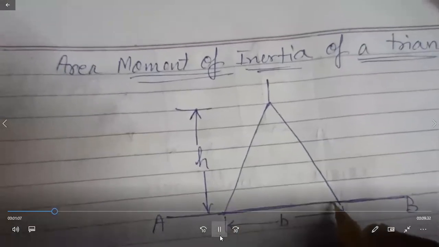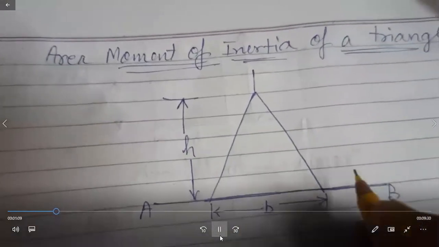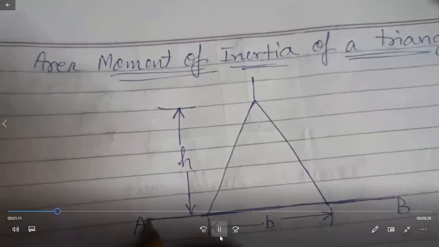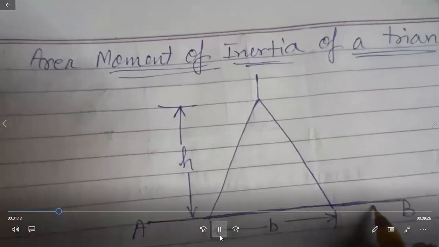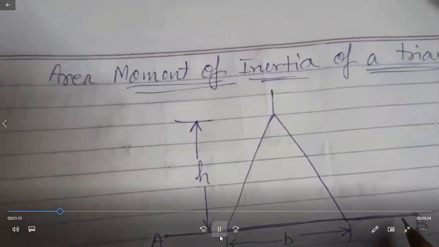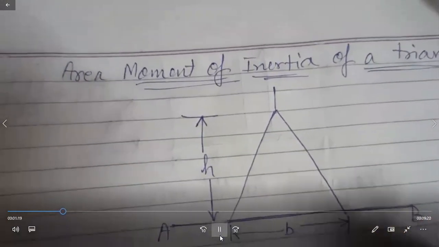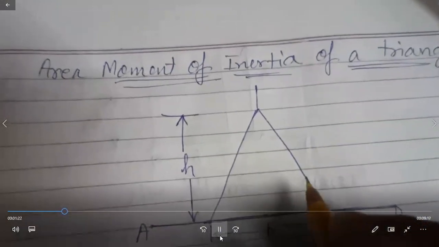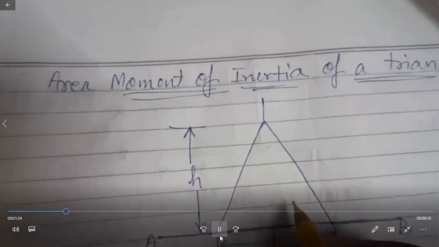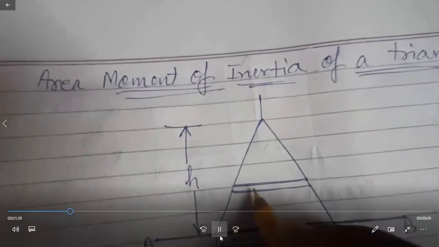So in this, first of all we will find the moment of inertia about this line AB, and then we will transfer it to the centroidal axis parallel to it. So first of all we will find the moment of inertia of this triangle about line AB.